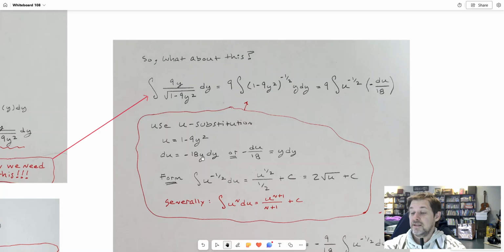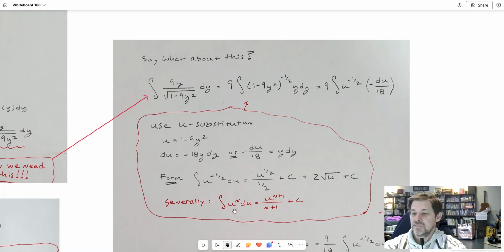So I can divide by negative 18, and you can substitute u for 1 minus 9y squared, and in place of y dy, given that I'm going to take the constant 9 out because it doesn't do me any good to leave it in there, I can substitute negative du over 18. If I make those substitutions, this integral that seems fairly complicated becomes one like this.